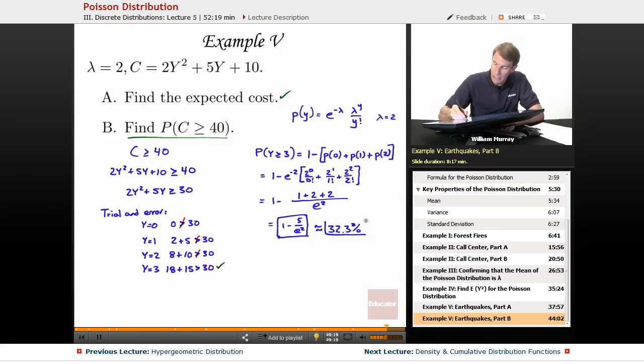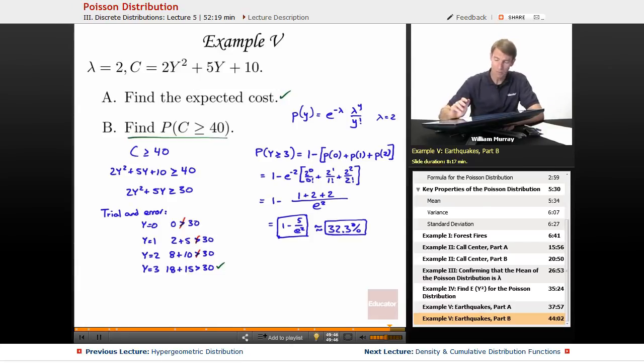So if I budgeted $40 million for earthquake repair in California, and I'm worried about the prospect of going over budget, I should be worried because there's a 30% chance, actually a little more than 30% chance, that I will go over budget, that I will have more than 3 earthquakes, which means that I will end up spending more than $40 million on earthquake repair.